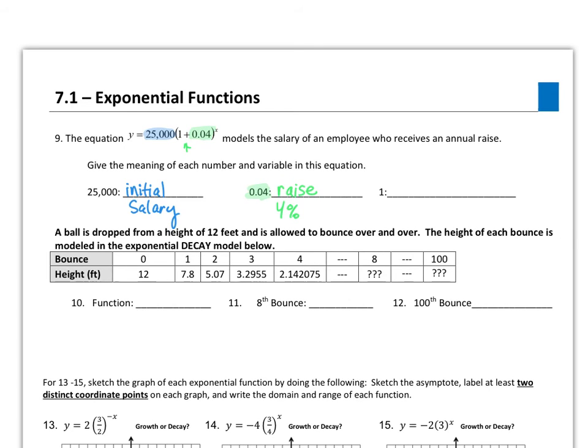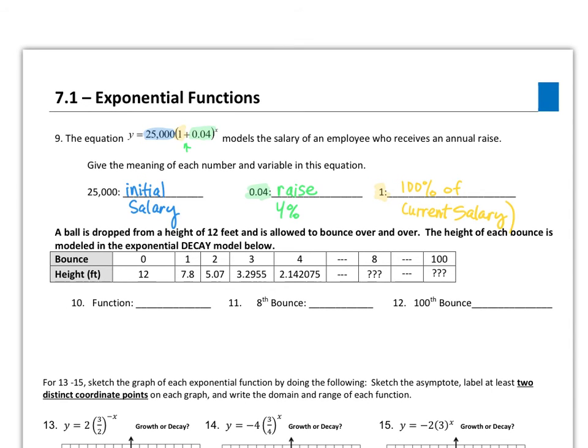And then this 1, what does that 1 represent? Oops, again. I keep switching back and forth between these things. You think I'd have figured it out by now, right? That 1 represents the 100% of their initial salary. Okay, so that's whatever their current salary is. 100% of current salary.